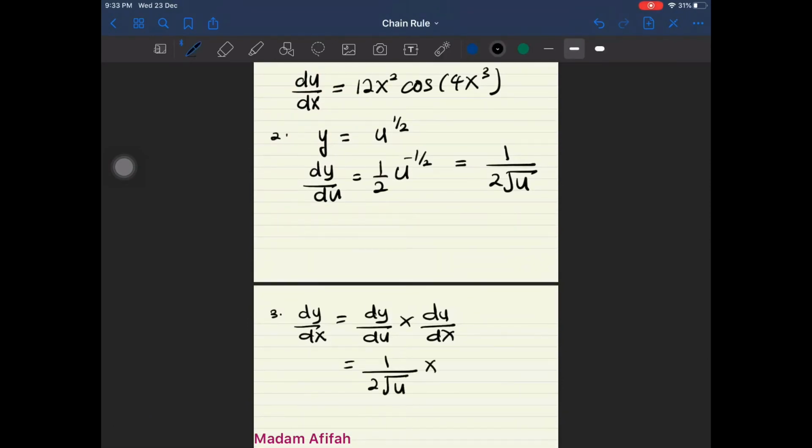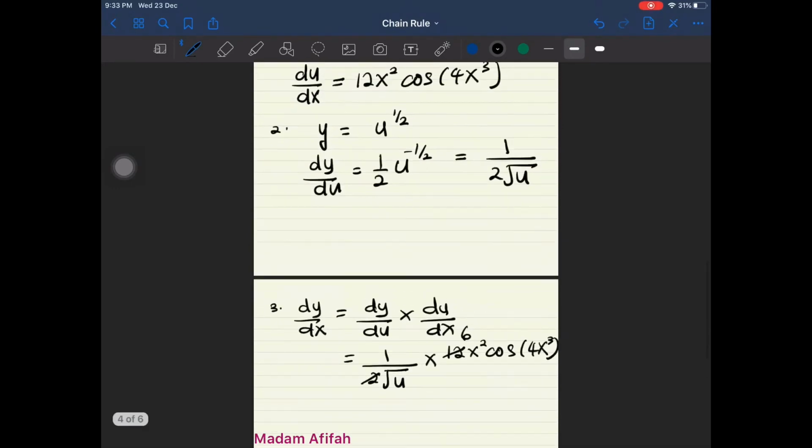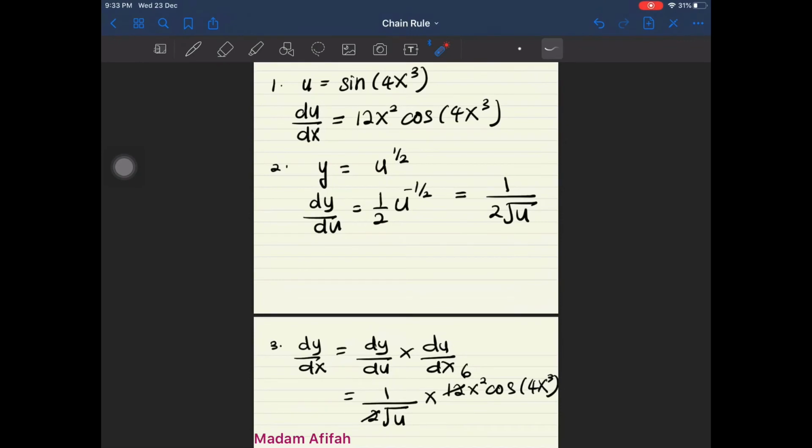So you will have 1 over 2 square root u multiplied by du/dx, which is 12x squared cos 4x cubed. So simplify this one, you have 6. For the last answer, as you can see, we want to find dy/dx, so you need to change back what your u is.